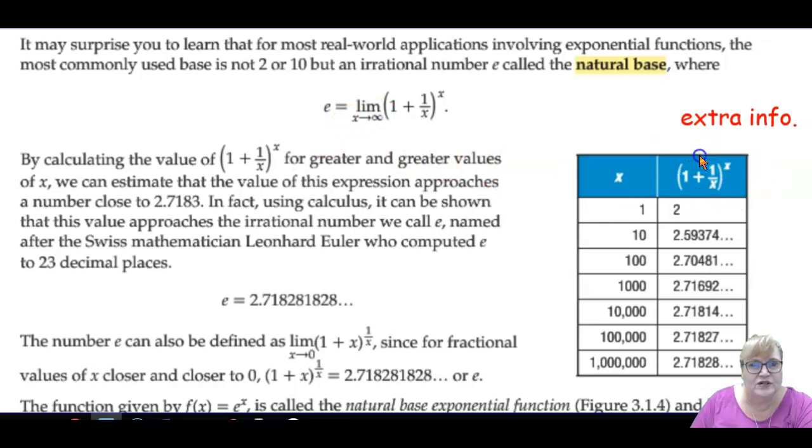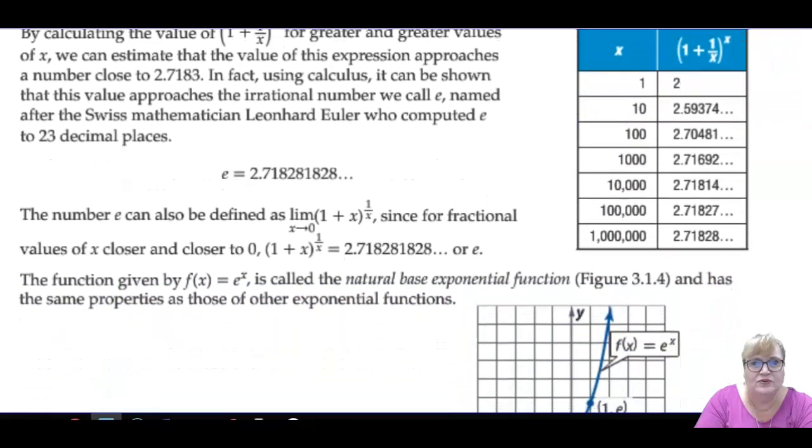This is the definition. If you took 1 plus 1 over x all to the x power, and on the right-hand side, as you put in bigger and bigger numbers, what happens is this value approaches, see how it gets closer every time you put a bigger number in there, this magical irrational number called e.